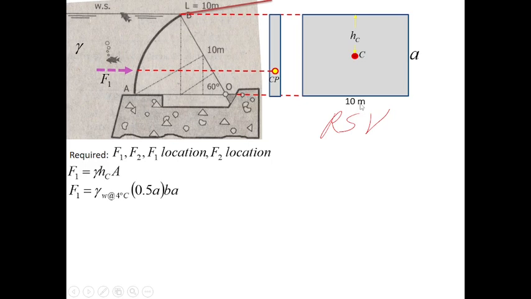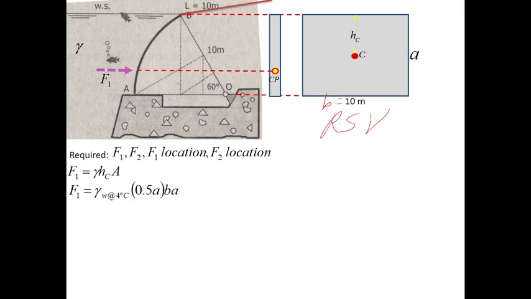So, alam natin na this is B, so this is equals to B. B equals 10 meters. So we consider the temperature of water at 4 degrees Celsius. And then HC is half of the total length A. Itong A na to, kalahati, kasi centroid.